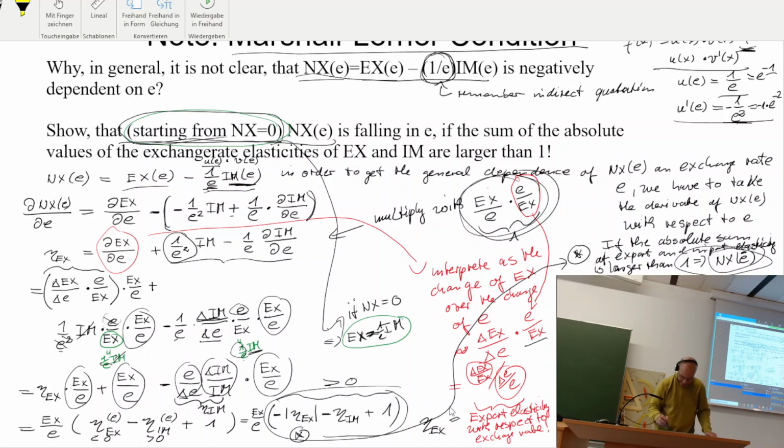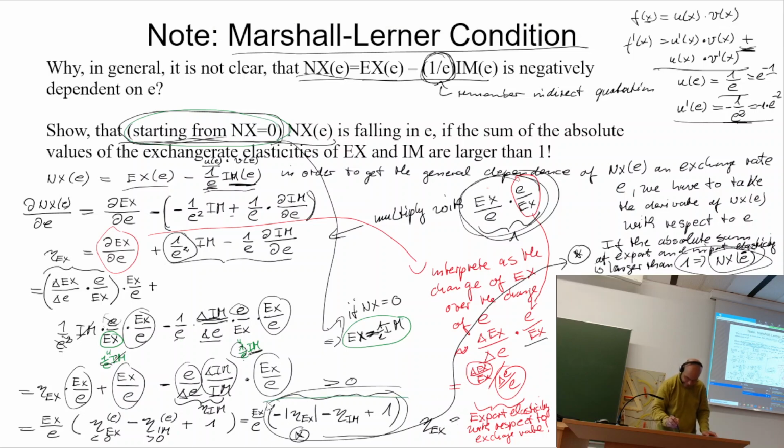the result that the derivative, so we are coming from the above here, there we want just to calculate the sign of the derivative of net exports with respect to the exchange rate, and after a longer calculation we obtained this result down here.